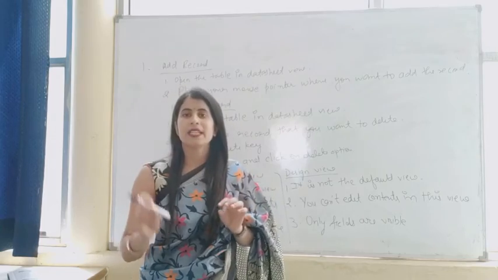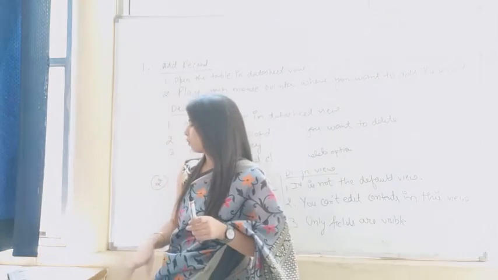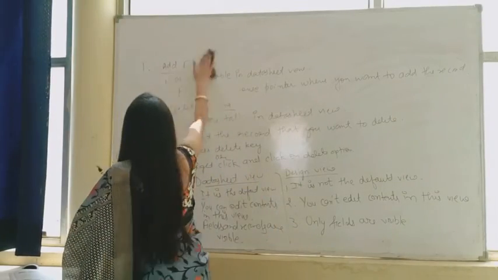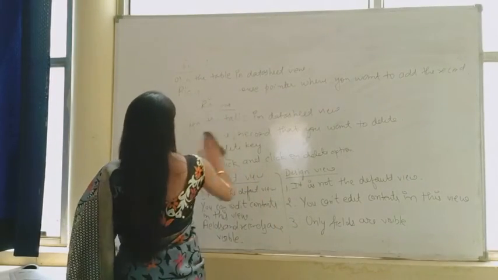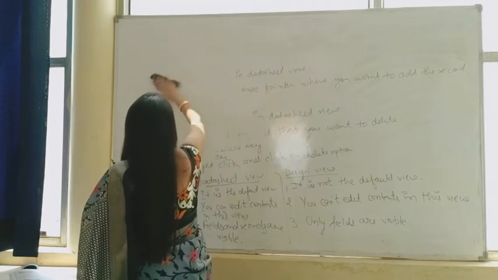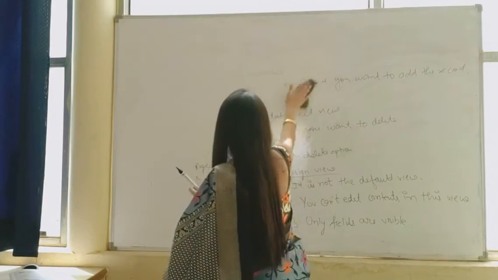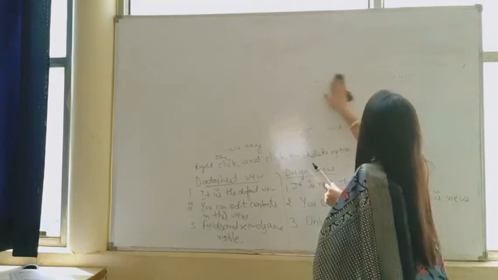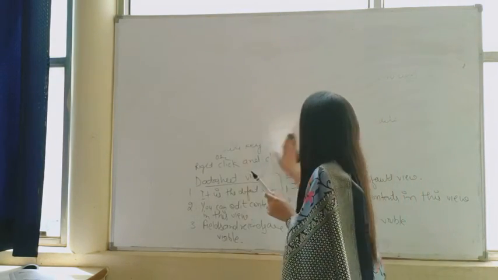I am repeating the answers also, so if you are not able to read the handwriting, or not able to see, you can hear what I am saying about the answer. Okay, now we are going to do the long answer type questions.